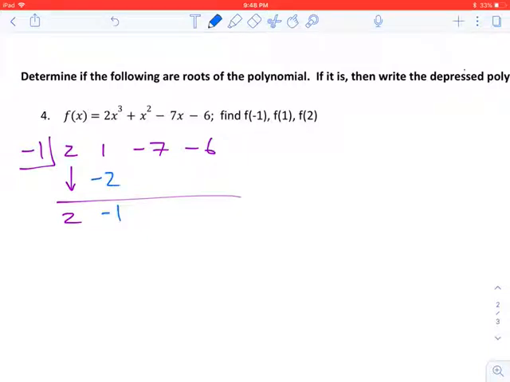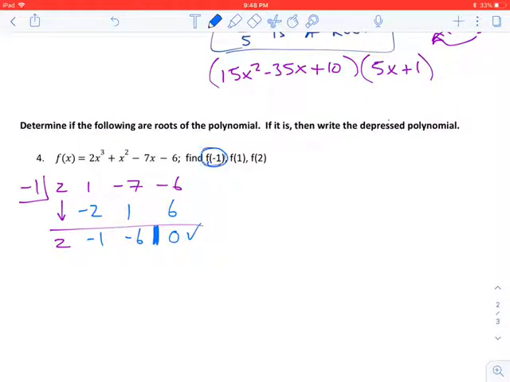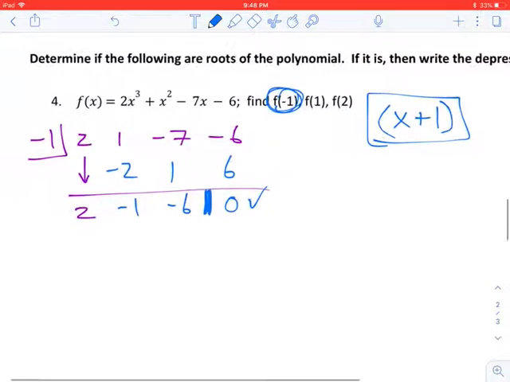Negative times negative is positive 1. That's negative 6. Negative 6 times negative 1 is positive 6. So that one worked. Okay? So what that means is this x value, negative 1, works. So x plus 1 would be the factor.